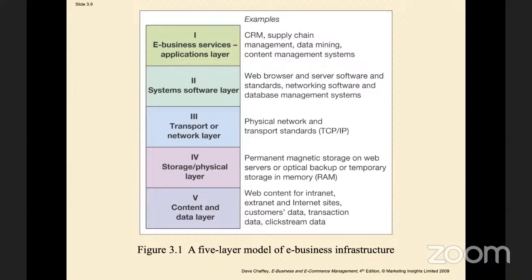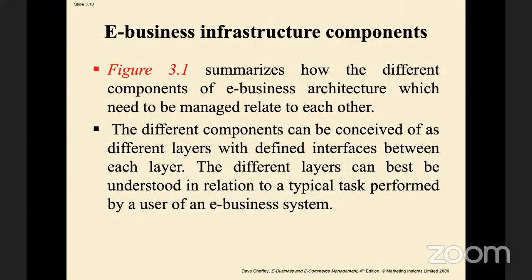And in the transport or network layer, physical network and transport standards, TCP/IP. And in the storage physical layer, permanent magnetic storage on web servers, or optical backup or temporary storage in memory, that is RAM. Content and data layer: web content for internet, extranet and intranet sites, customer data, transaction data, clickstream data.